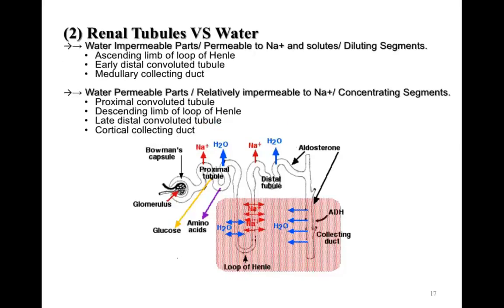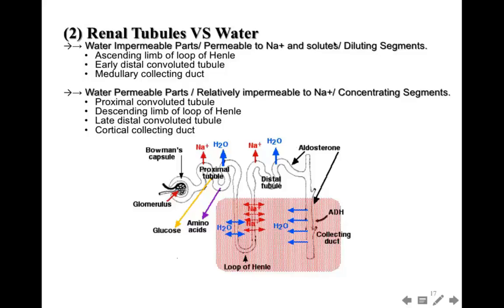Now, we're going to talk as quickly as we can about the relationship between the renal tubules and water. There are some parts of the renal tubule that would like to keep water inside and get rid of sodium and solutes. They're water impermeable, but permeable to sodium and solutes.